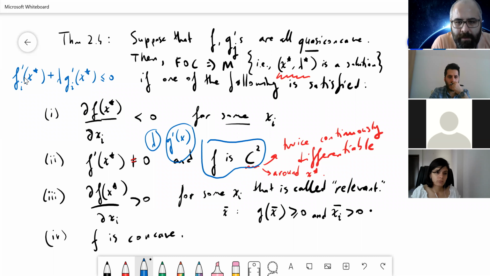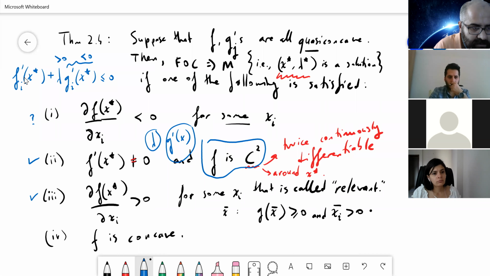In a typical consumer problem, for instance, this is negative, and this is positive. So for many problems, we already know that it is different than 0 at the optimum. So this is usually satisfied. This is sometimes, perhaps, not if you have a very, very interesting problem.